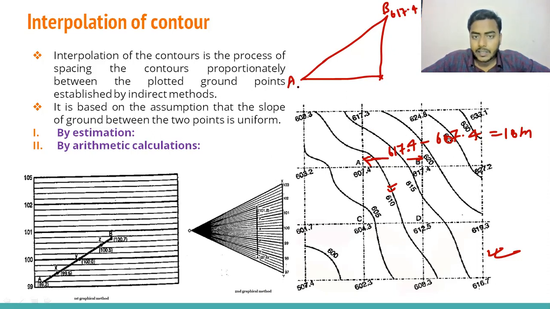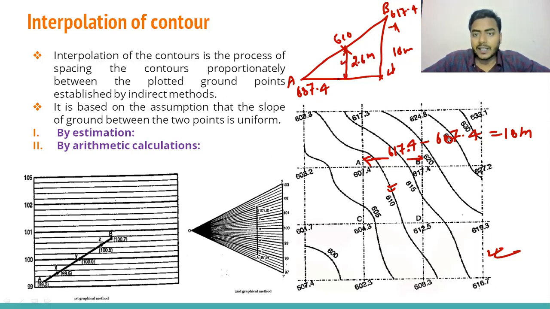At A, elevation is 607.4. Now, this height is 10. Now we have to locate the elevation 610. So the vertical height will be 610 minus 607, so it will come 2.6 meter.